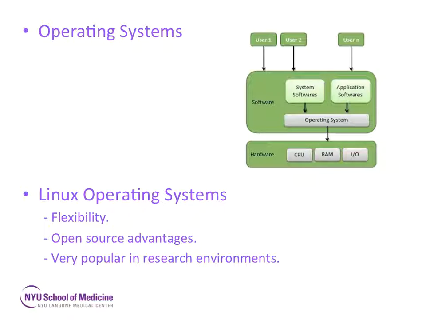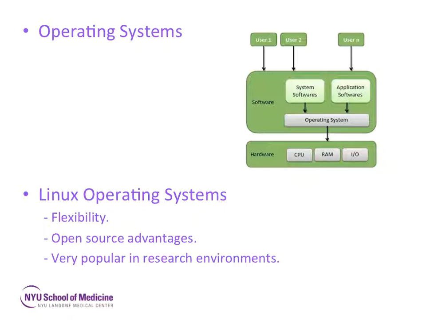In high performance computing, the way that you interact with the machine is through an interface. Like any other computer, when you are interacting with your computer and you're trying to do some calculation, you are interacting with the operating system.